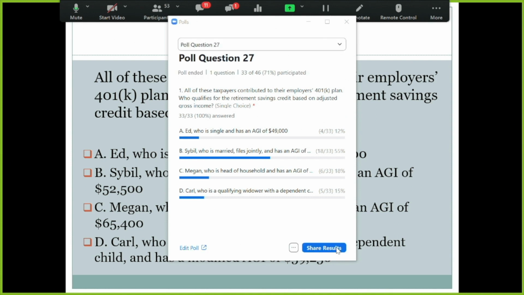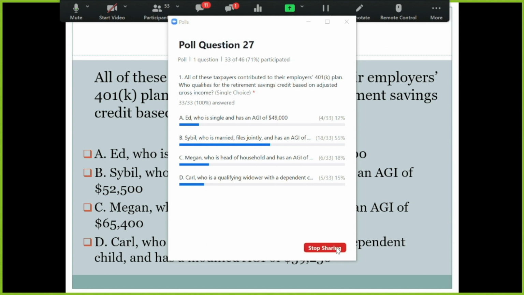Let's see, how did we do? The correct answer is B, and 55% of us got that correct. I'll share the results. The reason it's Sybil is because her adjusted gross income is under the threshold limit for married filing jointly.